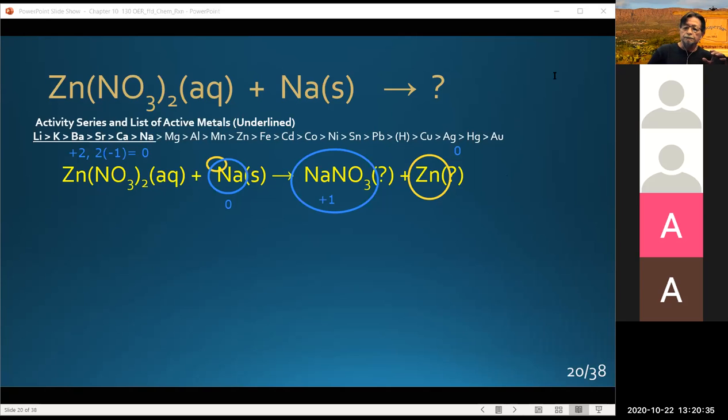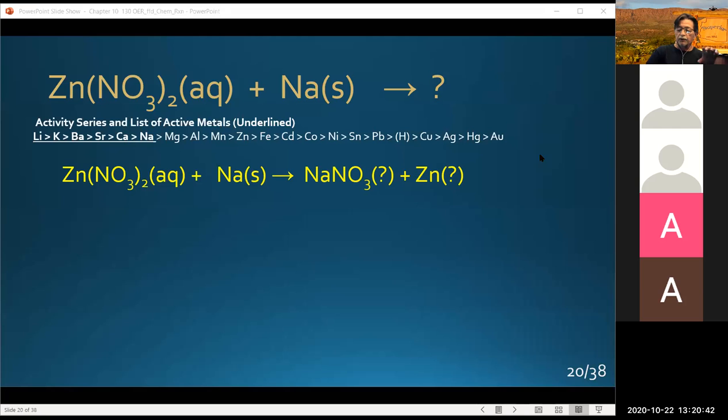So let me clear the table here. Zinc nitrate in the presence of sodium does react because the sodium metal is more reactive based on the activity series. And sodium is not in a compound state, it is not in any ionic state, and therefore the reaction proceeds.